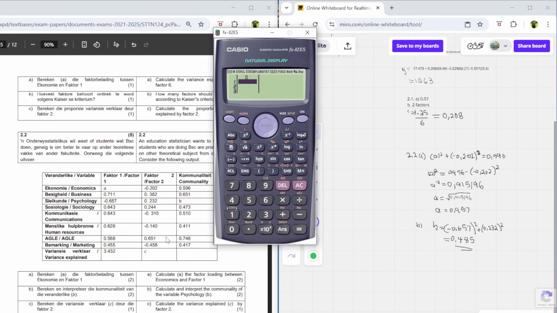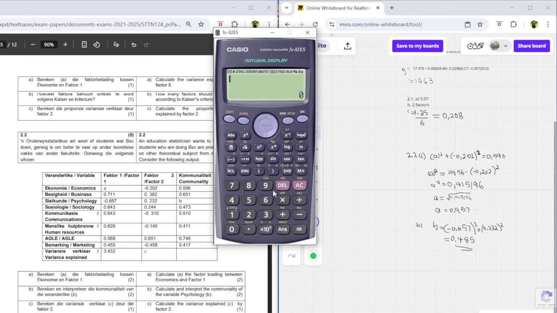So you start with minus 0.202 equal, then 0.382 equal, 0.232 equal, 0.244 equal, minus 0.310 equal, minus 0.140 equal, 0.651 equal, minus 0.458 equal. So these are the factor loadings for factor 2.